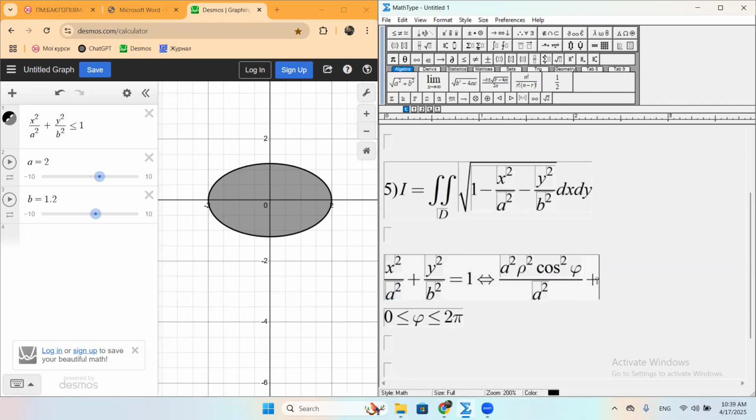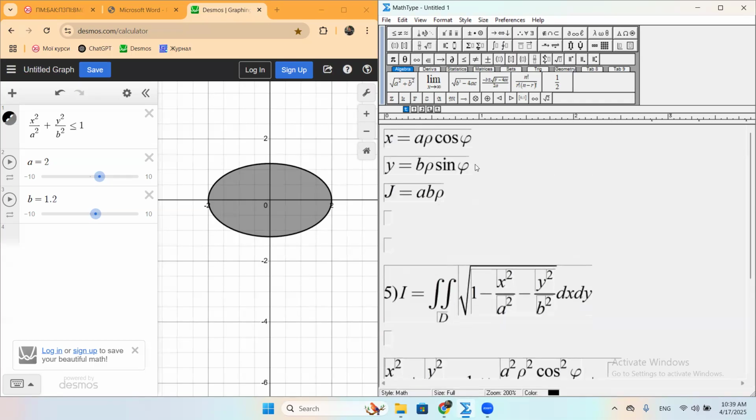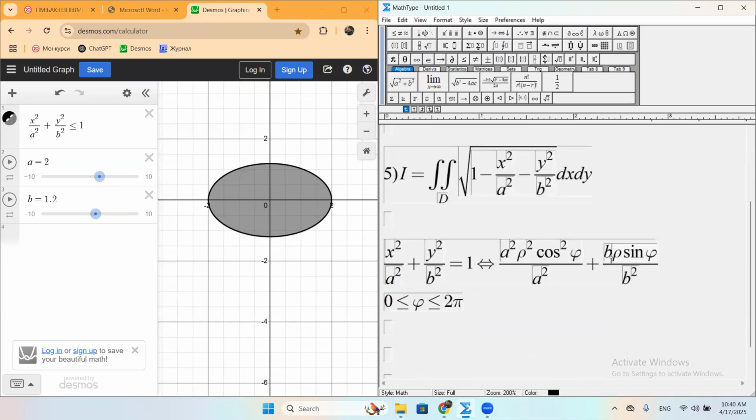So plus analogous stuff with y: b square by rho square by sine square of phi equals 1.